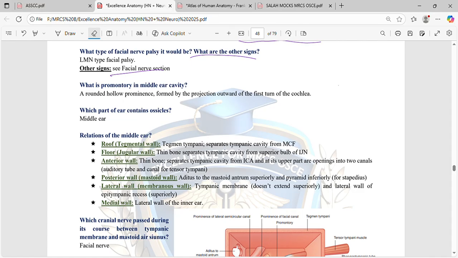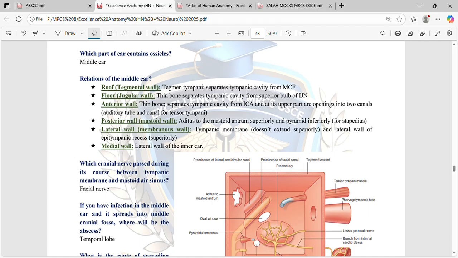The middle ear. Relations of the middle ear: the roof is formed by the tegmen tympani, which separates the tympanic cavity from the middle cranial fossa.